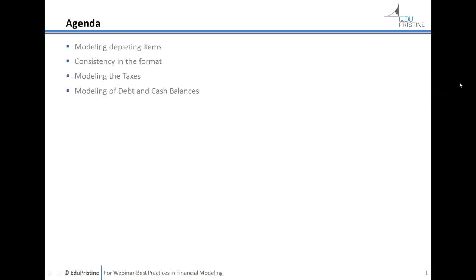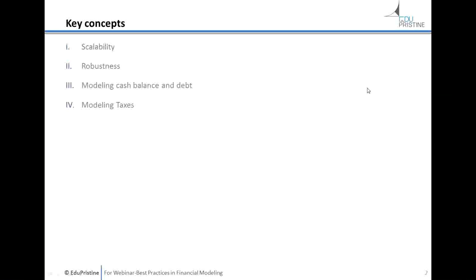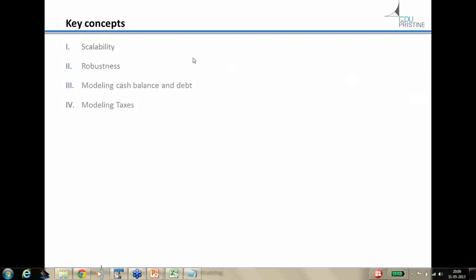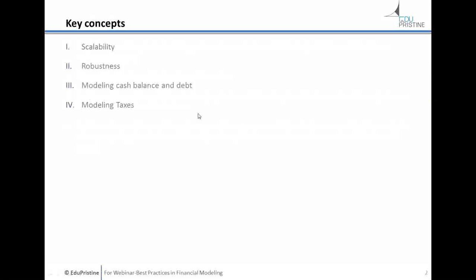Let us move ahead to the next slide. The key concepts which we hope to learn today are scalability, and how to make a robust model. When I say robust, it means that even if I put in some wild assumptions, the model should still work and shouldn't crash.